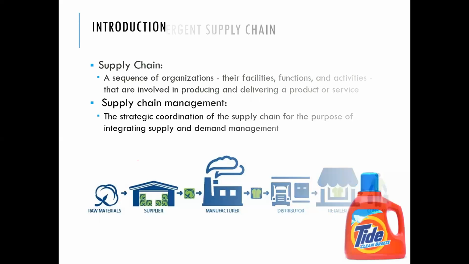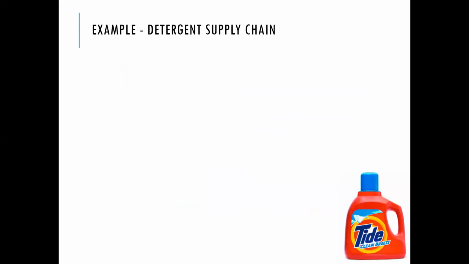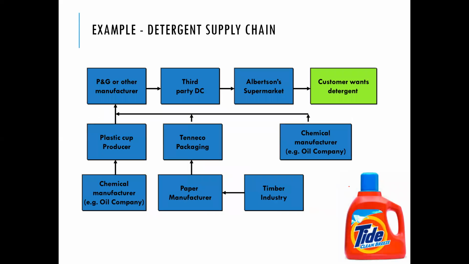Excuse me. So moving ahead, just to explain the supply chain of a detergent. Let's say you go to Target or Walmart and you want to buy this Tide detergent. Now, in order to get this detergent to the shelves, there is an entire series of organizations that are involved.